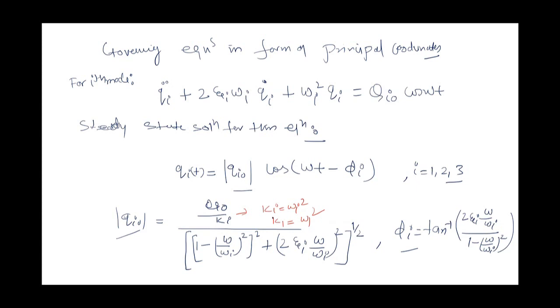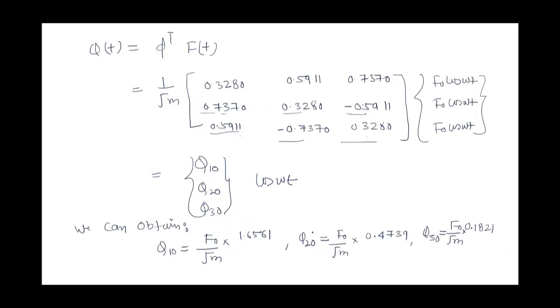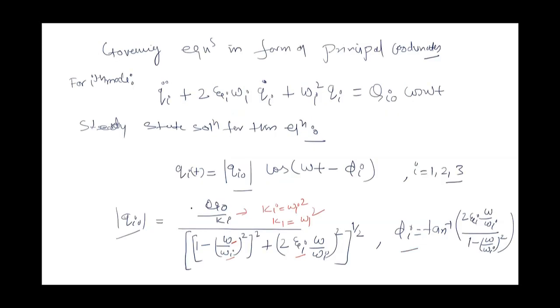Omega is the excitation frequency which is given to us. Omega i is the natural frequency of the ith mode, and zeta i is the damping factor for the ith mode, which is given to us. By replacing these values, we can find the values of Qi naught.